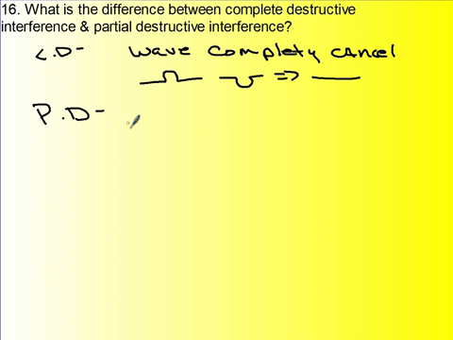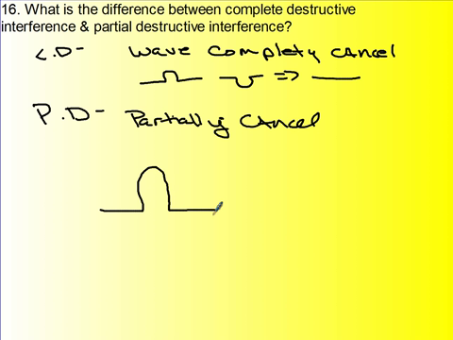Where partial is when the waves only partially cancel. Seriously, this is what it means. An example would be a really tall one, and then a really short one, so that when they're in the same space, what would this look like? It would only be part like that.